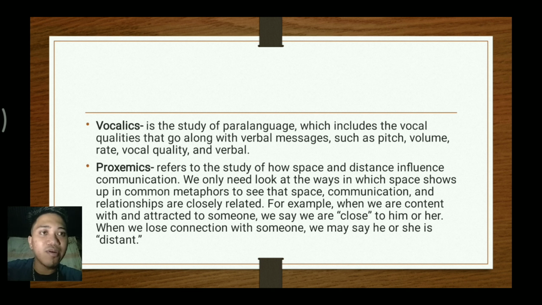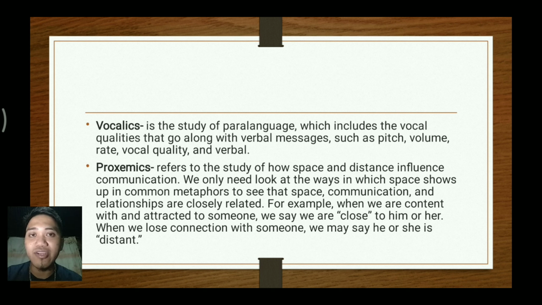We only need to look at the ways in which space shows up in common metaphors to see that space, communication, and relationship are closely related. For example, when we are content with and attracted to someone, we say we are close to him or her. When we lose connection with someone, we may say he or she is distant. So basically, proxemics is proximity.